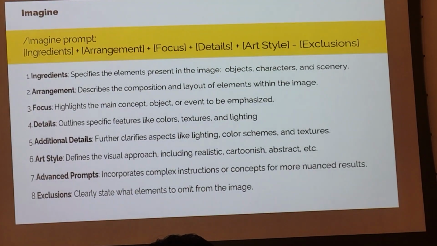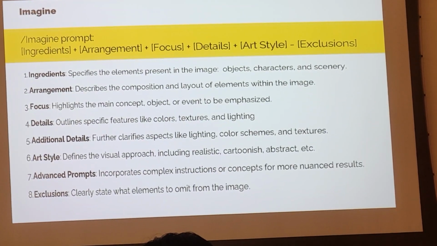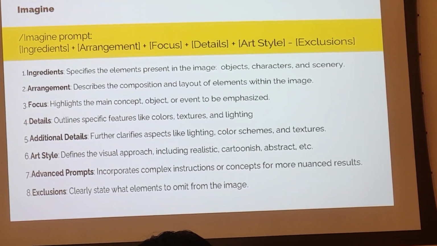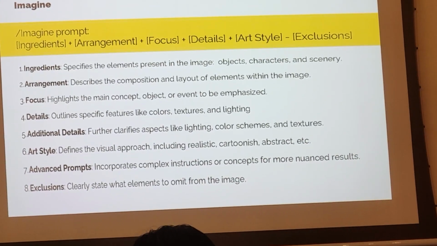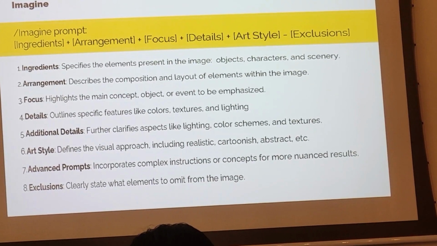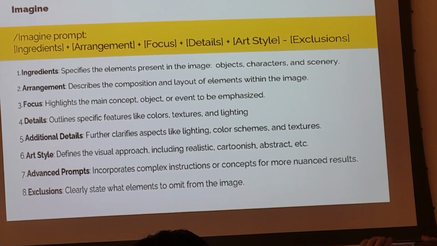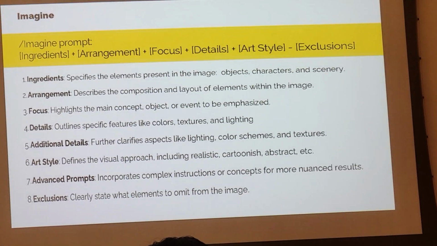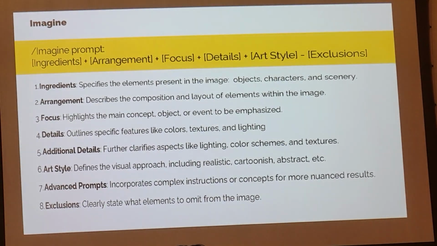Ingredients is what objects we have in the picture. Arrangement is what they're doing in the picture. Is the dog driving the car? Who's the hero, which means where the focus is. Details, we show you different parameters that you can modify your images.